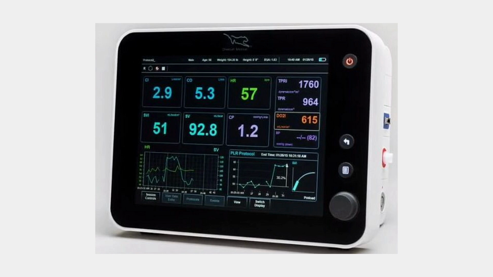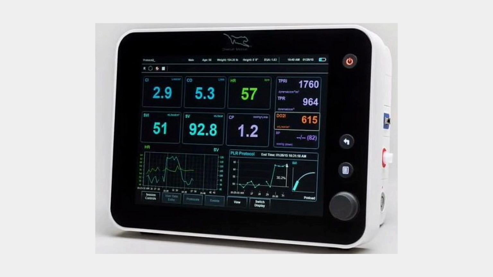So this is a module interface of the Starling Cheetah device that makes use of bioreactance technology. And as seen here, values like the cardiac output, stroke volume, heart rate, and this thing called the total peripheral resistance index that kind of correlates with systemic vascular resistance index can be derived from these values.